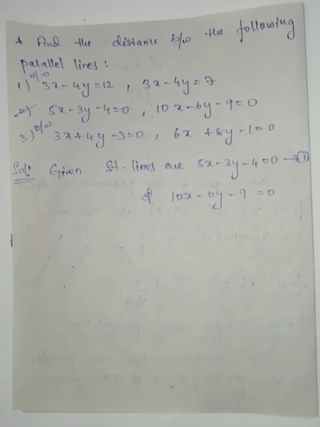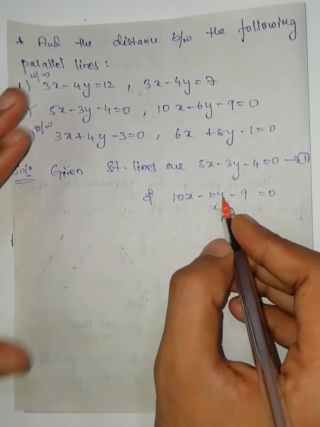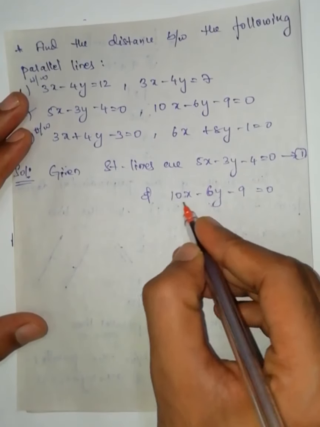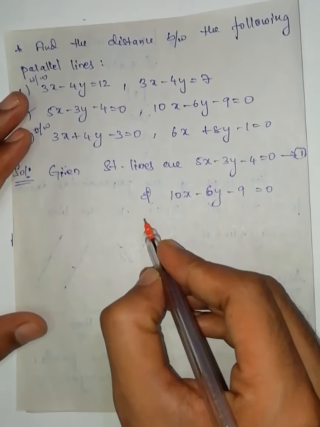Now to use the distance between two parallel lines, ax plus by plus c1 is equal to 0, ax plus by plus c2 is equal to 0, in both the equations the coefficient of x and coefficient of y should be same. So here also I am going to make the coefficient of y and coefficient of x the same.